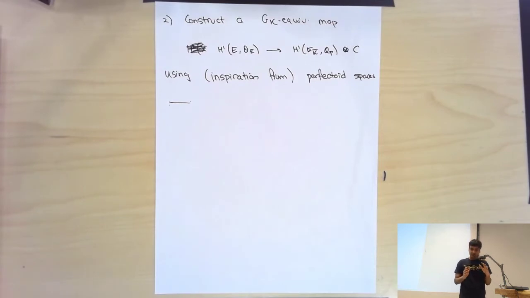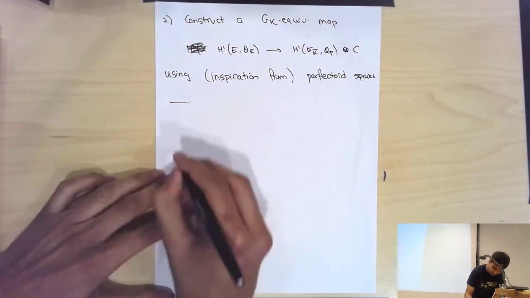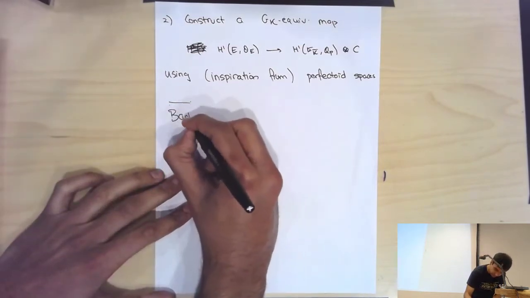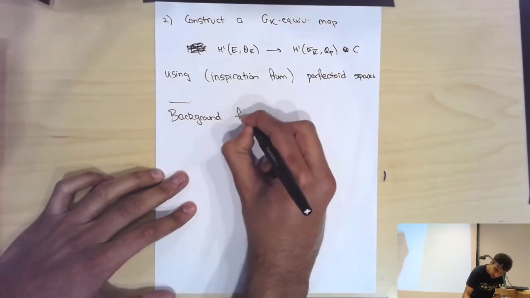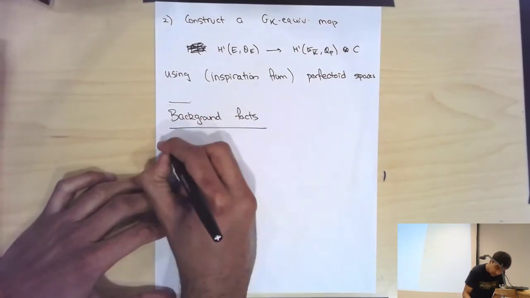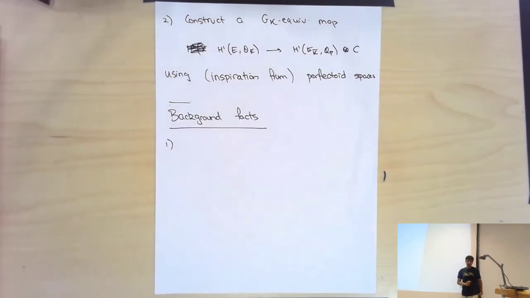I'll need to assume certain facts about the cohomology of elliptic curves in order to do this computation, and I just want to recall them quickly. These are background facts I will use implicitly. The first fact is something that I already mentioned yesterday, namely that the étale cohomology of an elliptic curve is computed in terms of its Tate module, or rather its dual.